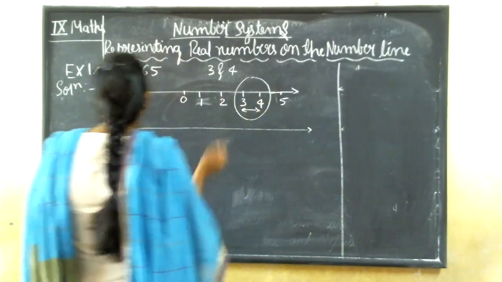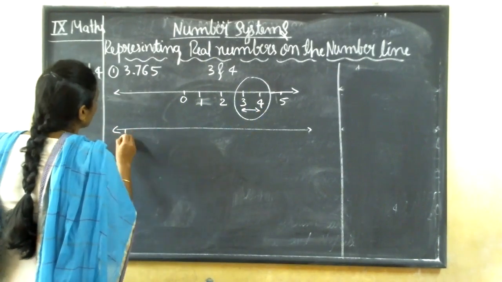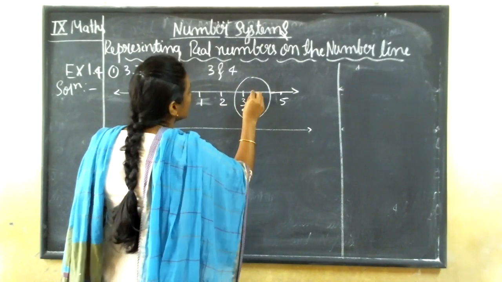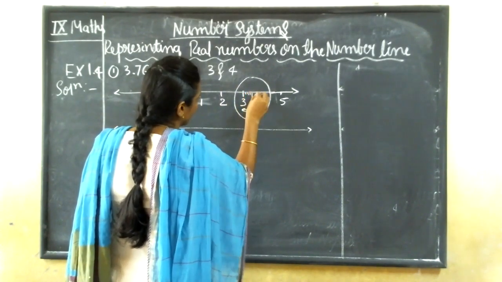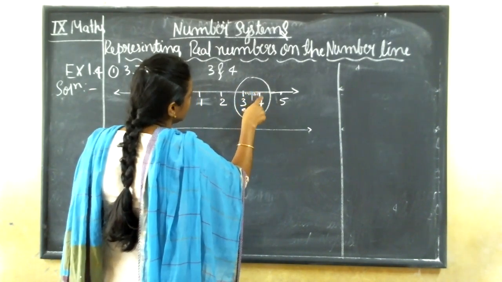That is sure, right? Next step is here. What you need to do here, you are going to take 10 values in between. See, we are going to divide them into 10 parts. Okay, 1, 2, 3, 4, 5, 6, 7, 8, 9, 10. Right?